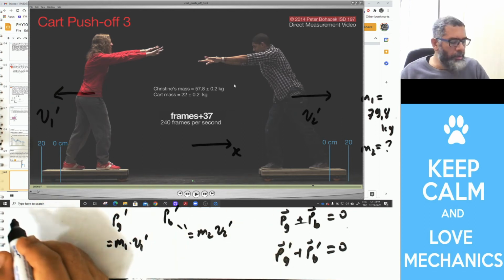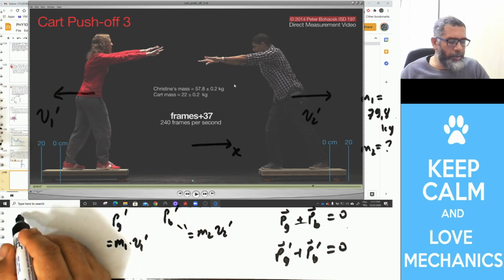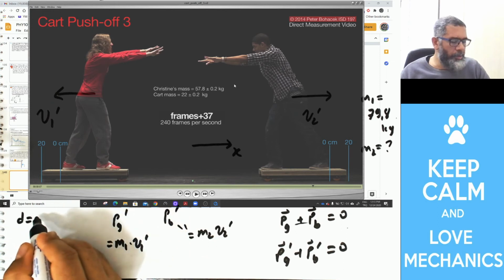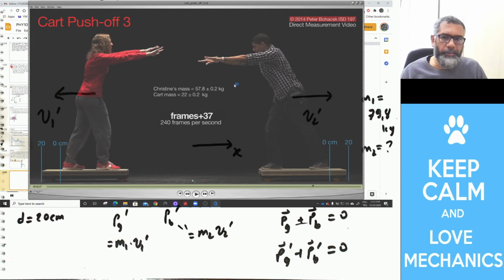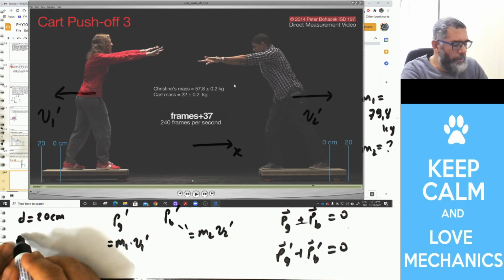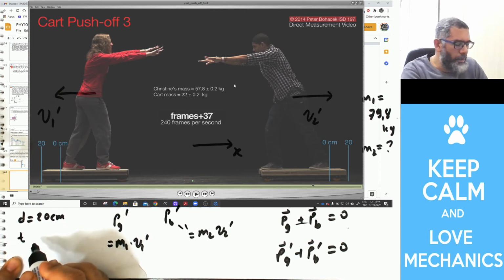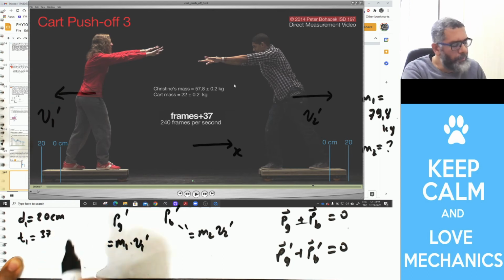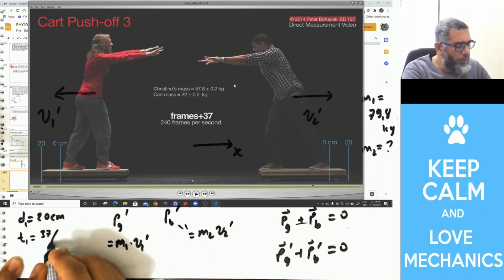That means the distance that the girl takes is d1, which is 20 centimeters, and the timing for the girl is t1. t1 is just 37 divided by 240 seconds.